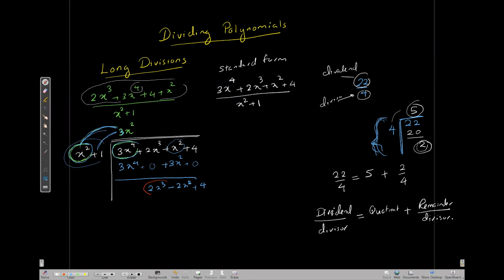Now the next step is, look at the highest power term, do the same thing. How many of x squared do you need to make that? So now I need a 2 and I need another x. Then multiply 2x by your divisor, so this whole thing. 2x into x squared, I get 2x cubed. This first term will always be the same.